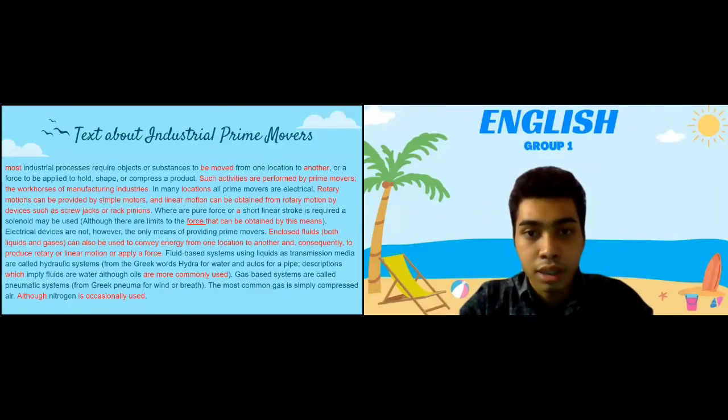In many locations, prime mover or electrical rotary motion can be provided by simple motors, and linear motion can be obtained from rotary motion by devices such as screw jacks or rack and pinions. Where pure force or a short linear stroke is required, a solenoid may be used, although there are limits to the force that can be obtained by these means.